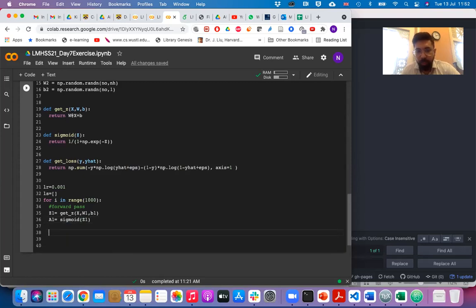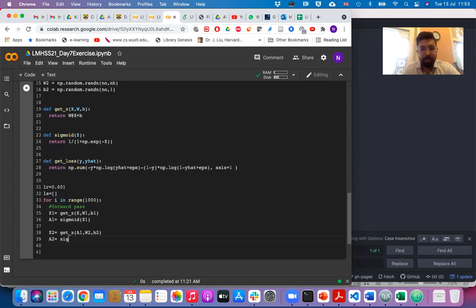What would I do to get the output of the second layer? What should be Z2? What would be the input of the second layer? Thank you. This should be A1, W2, and B2. And what would be the output of the activation layer?